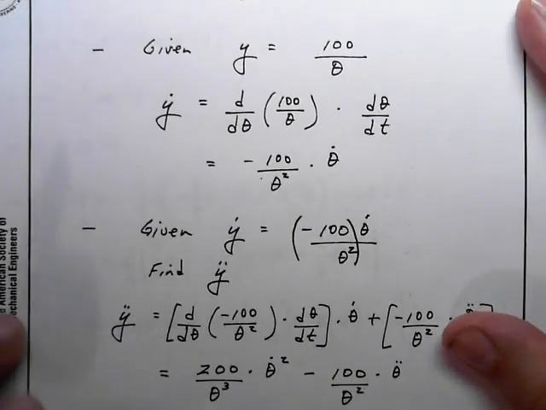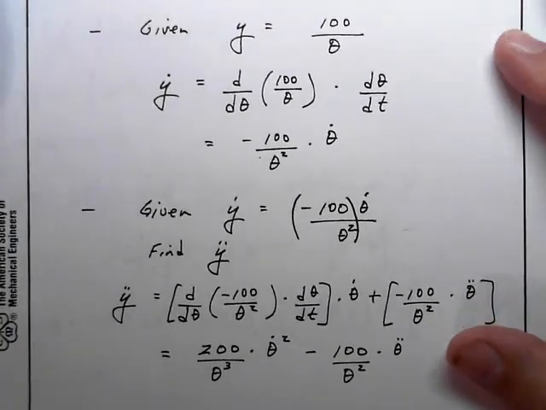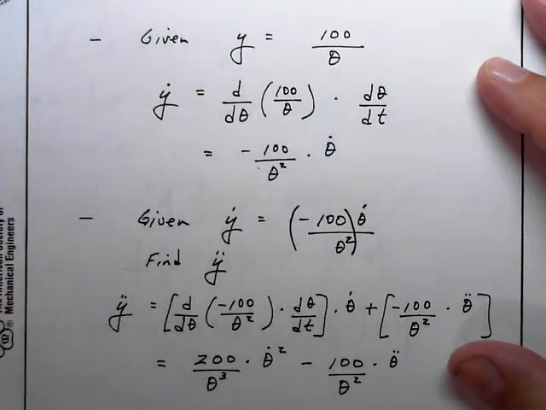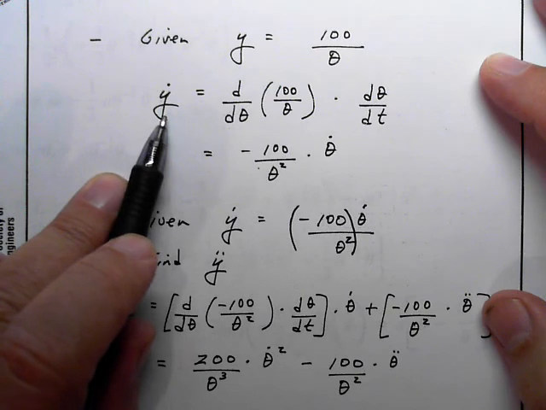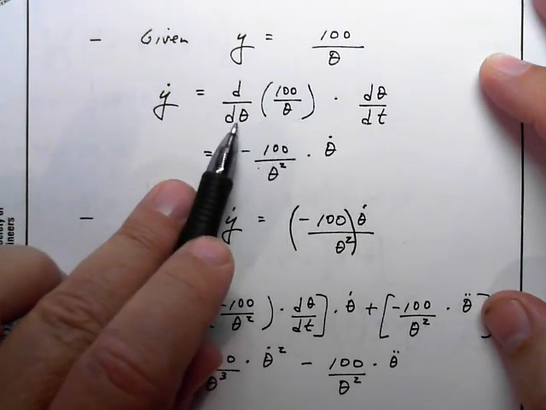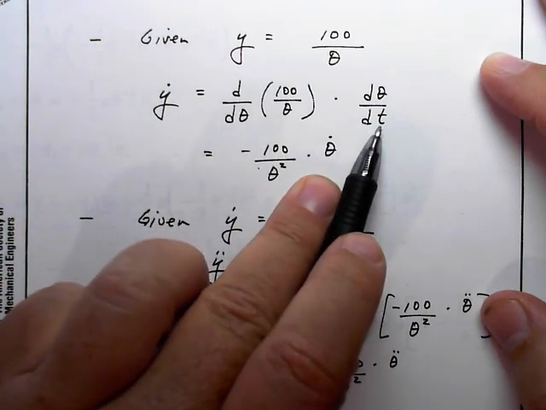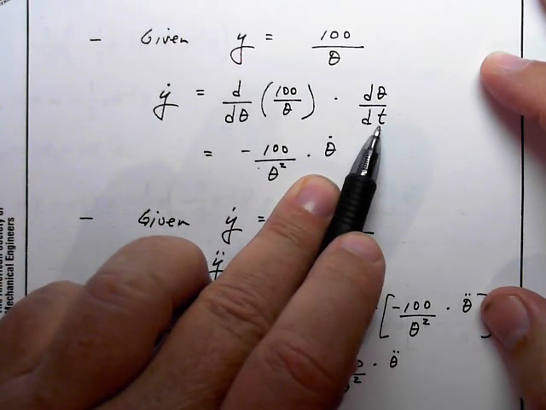Let's look at doing two derivatives. What if y is equal to 100 over theta? Then y dot is the derivative of 100 over theta with respect to theta, that's the dy d theta, multiplied by the d theta dt piece.